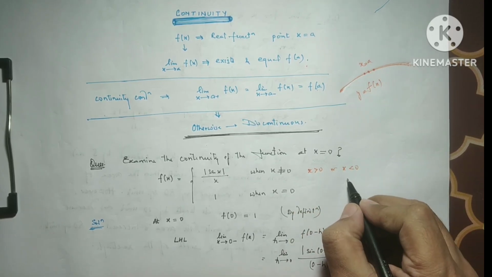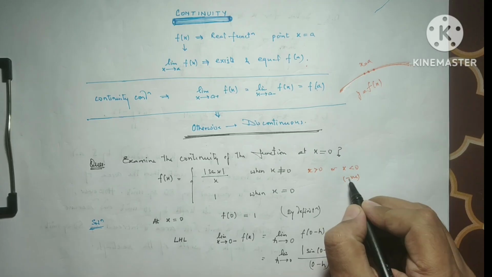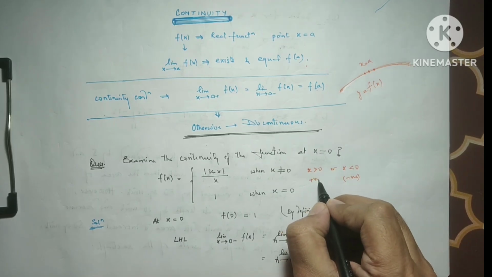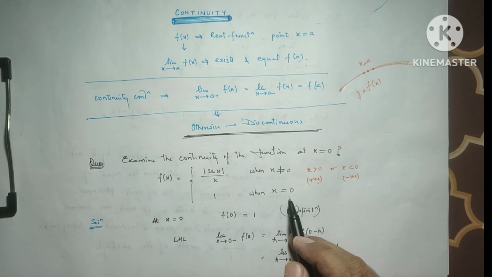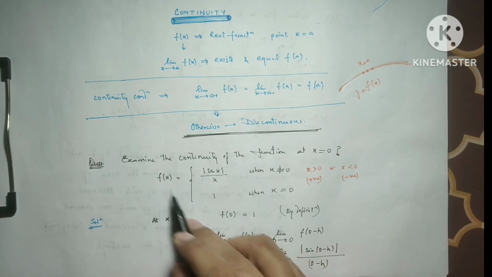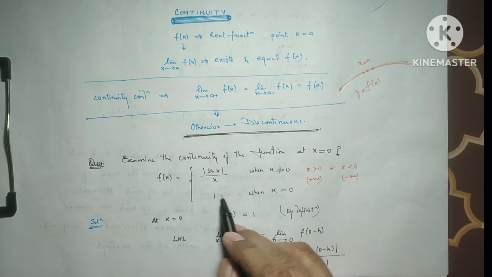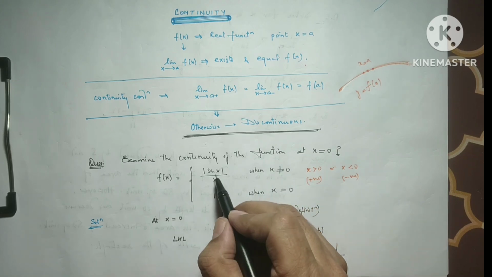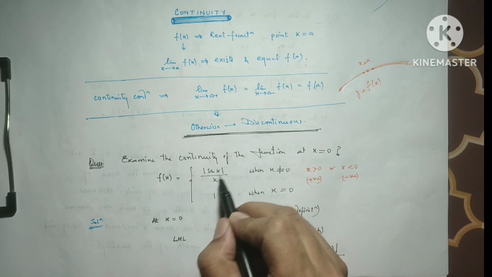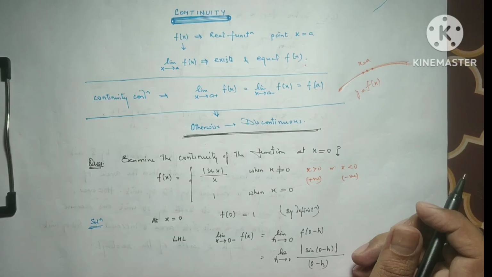You can say when x is negative, or when x is positive. So according to this definition, when x is 0, the function gives the value 1. When it is not equal to 0, then the function is defined by mod of sin x divided by x.